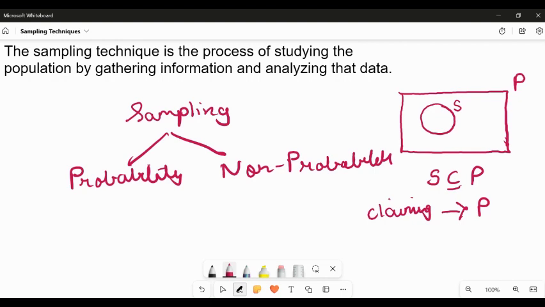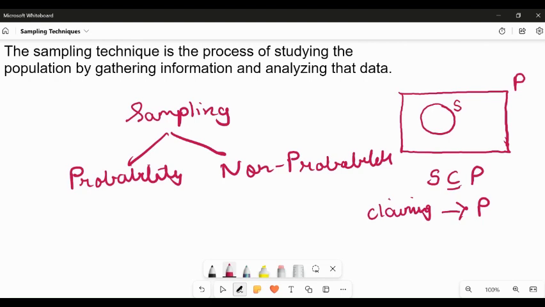So I will take some of the people from the population, the complete set of students. From 100, I can take 60 students at a time, then do the analysis based on those candidates, and based on it I can predict the other population.